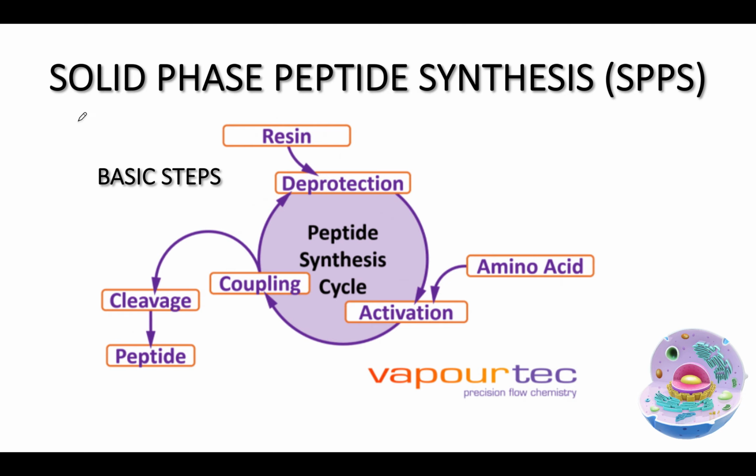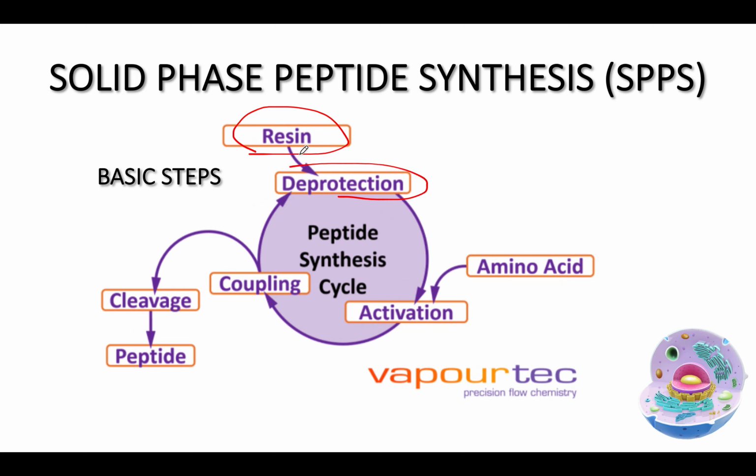So, what is solid phase peptide synthesis? This is a technique usually used in protein chemistry where your first amino acid or your peptide is bound to the resin, which consists of an amino group, and your first amino acid is added to this. This resin serves as a support on which you can carry out your solid phase peptide synthesis, and it follows basic steps such as the deprotection of the resin.